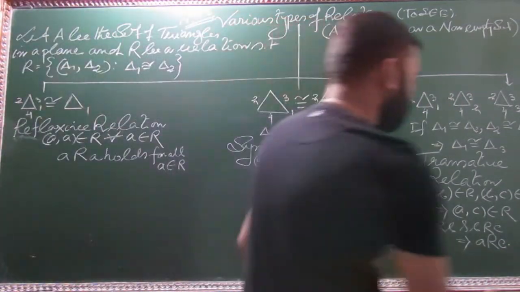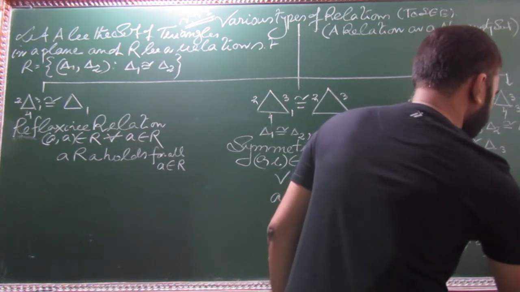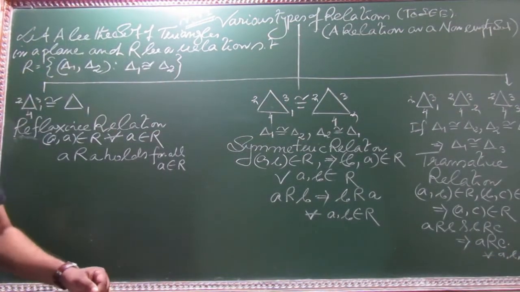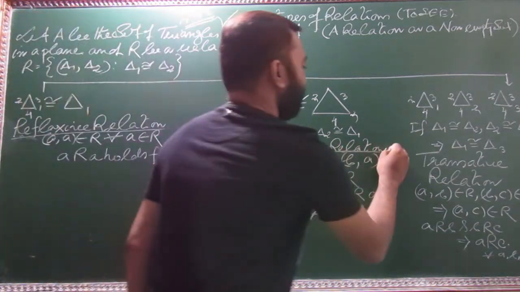For all A, B, C belongs to R. These are the three relations: reflexive relation, symmetric relation and transitive relation.